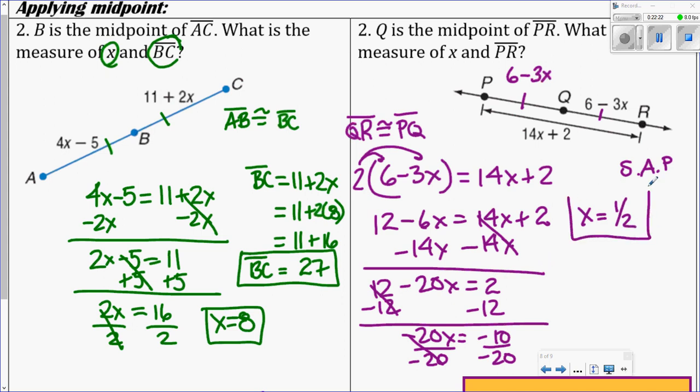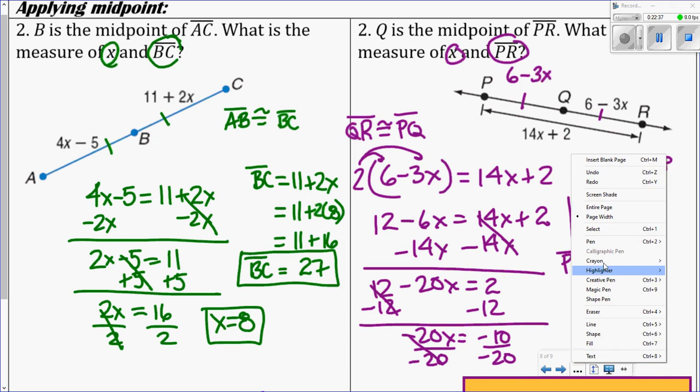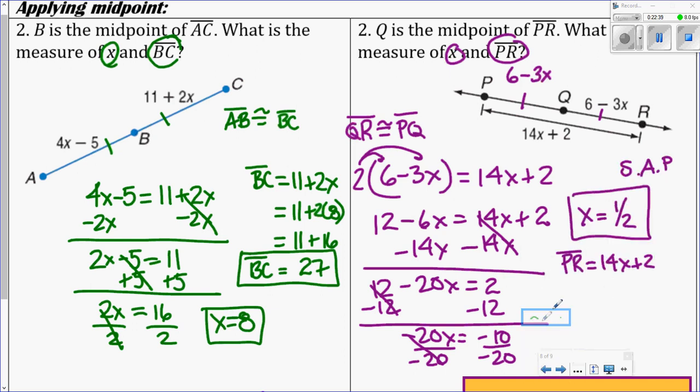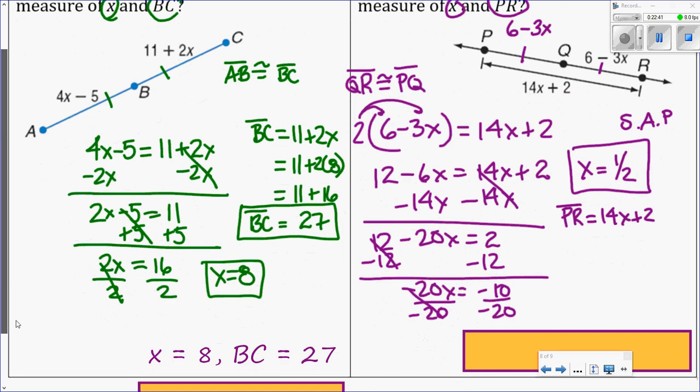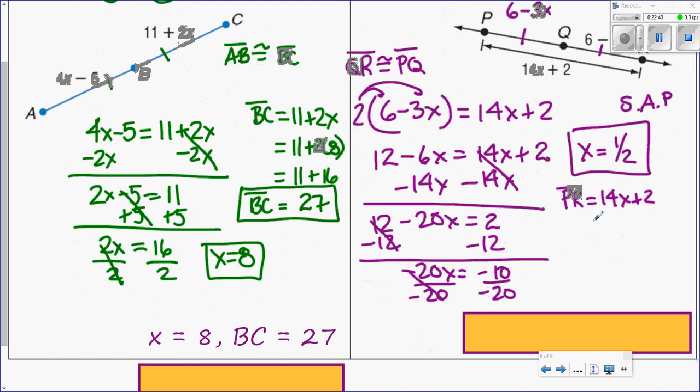So we found that. Now we need to find PR, the whole thing. So PR is equal to 14x plus 2. I'm going to change the color to green. Scroll this down. I'm going to plug in what I found for x, which is a half, so 14 times a half plus 2.